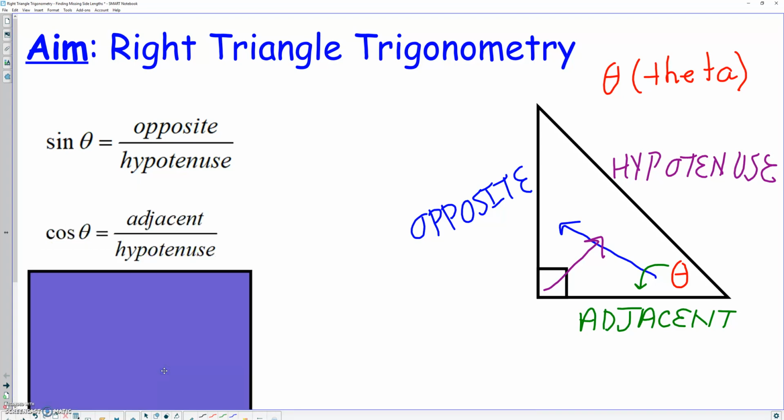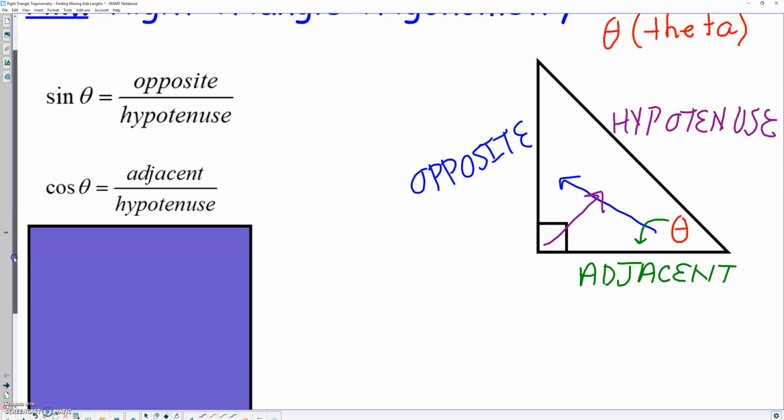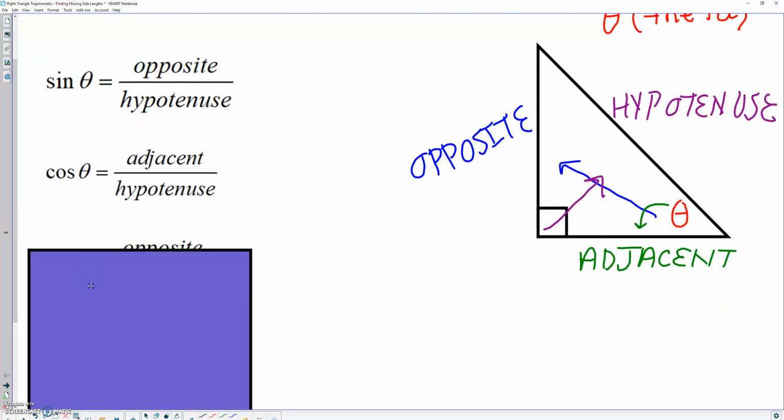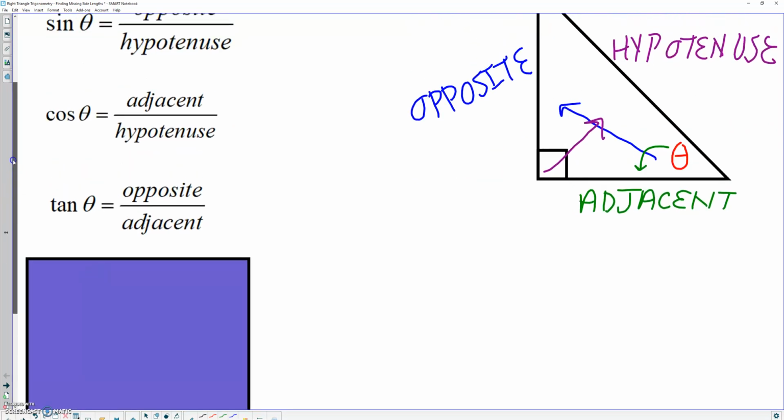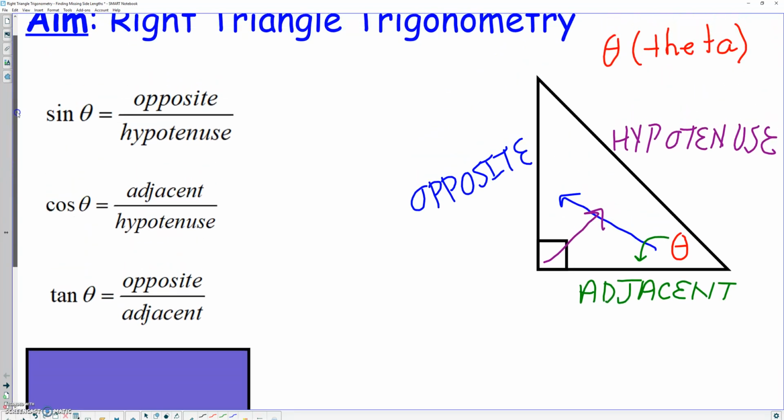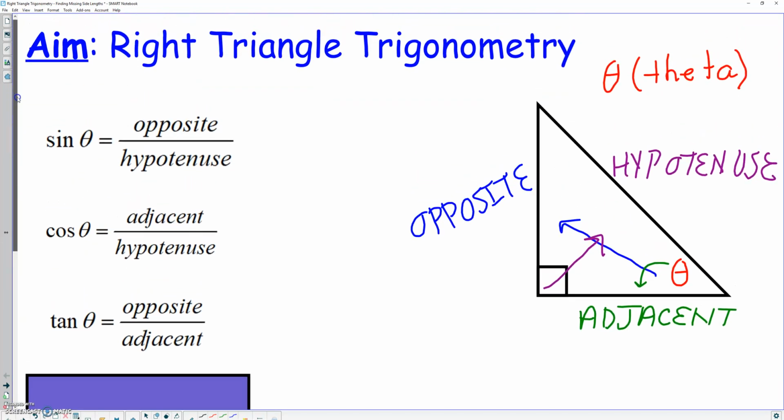So cosine's ratio is always adjacent over hypotenuse. And then the last ratio is tangent, which is abbreviated TAN. And tangent's ratio is opposite over adjacent. Okay, so those are three trig ratios that we're going to be using throughout the lesson.